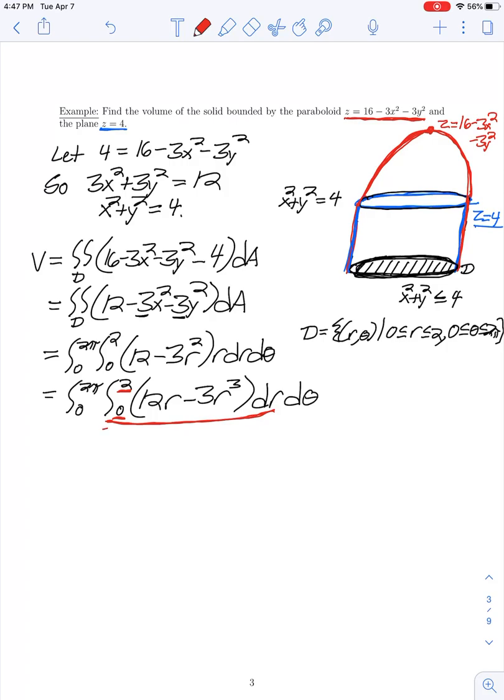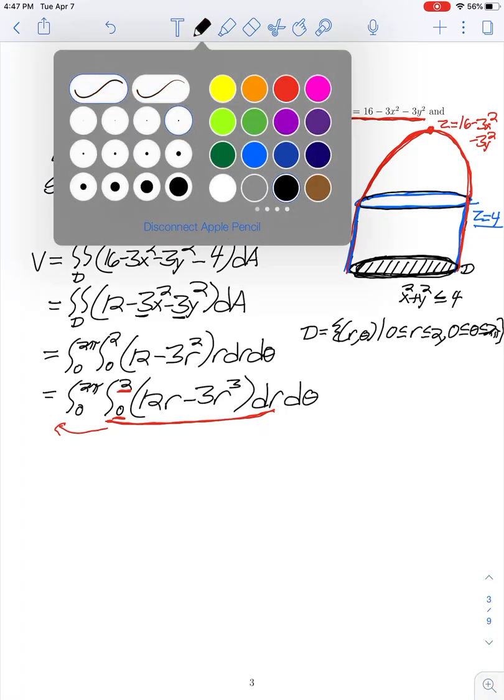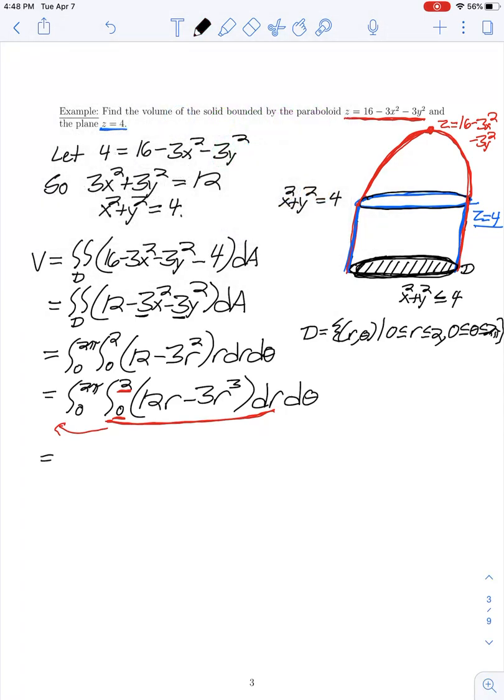So I could pull this entire constant out in front of my integral with respect to theta, and I would have the integral from 0 to 2 of 12r minus 3r cubed dr times the integral from 0 to 2 pi of d theta. Now this second value, we're integrating a constant 1 over the interval from 0 to 2 pi, which would give us just the length of our interval, 2 pi.